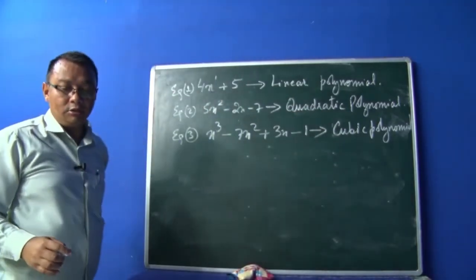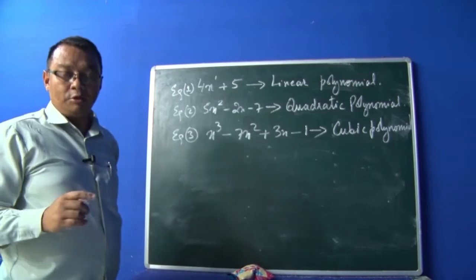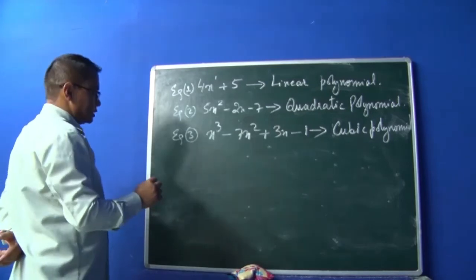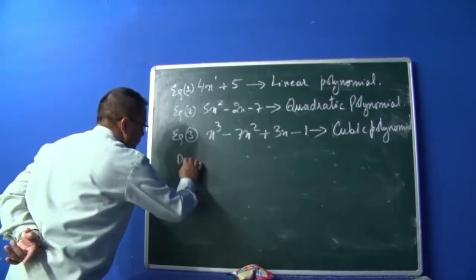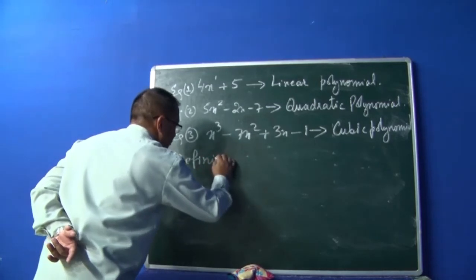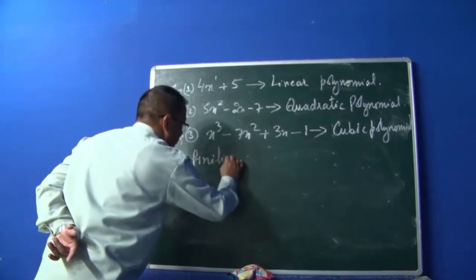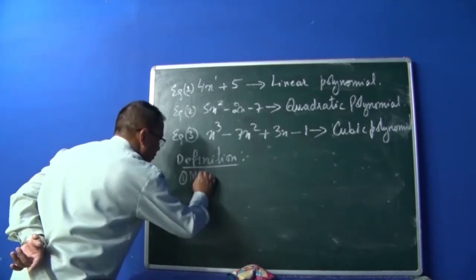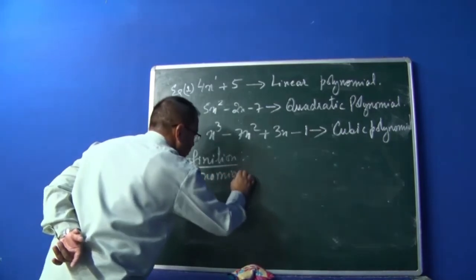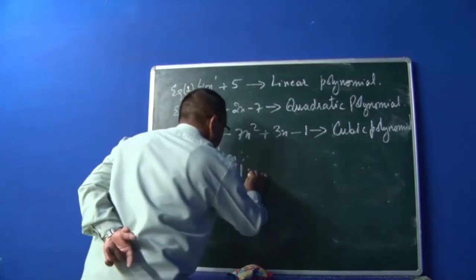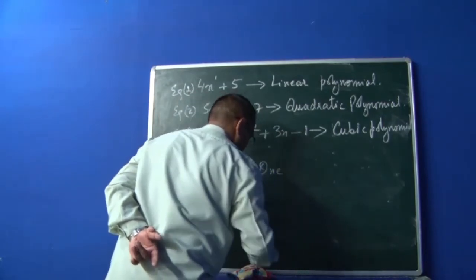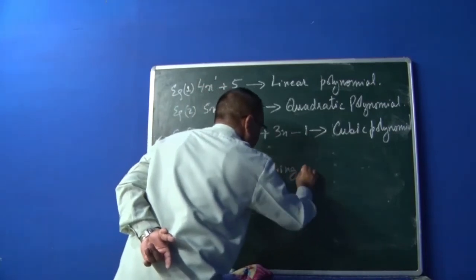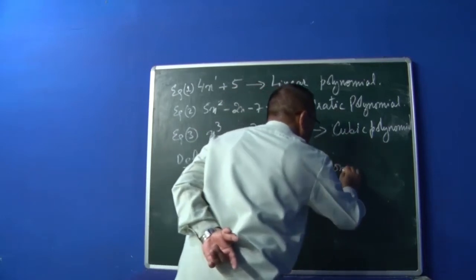Write it. And then when we go with only one term, we call a monomial. When we go with two terms, we call binomial. This is another example about definitions. Number 1, monomial, which means having only one term.